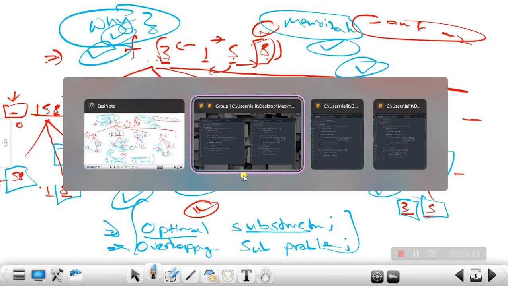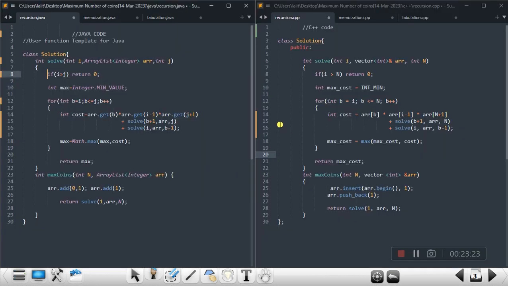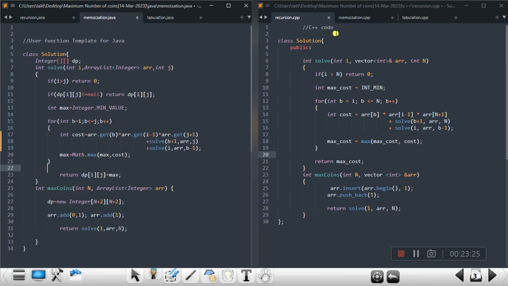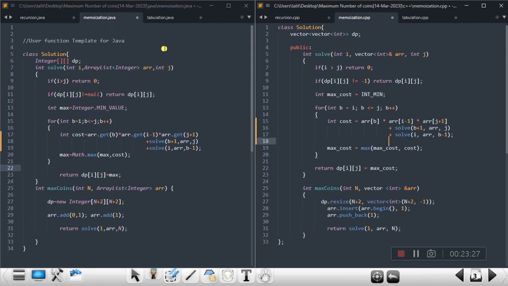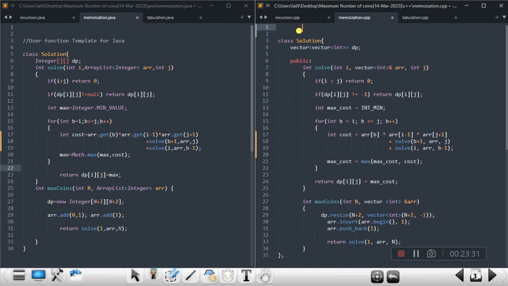So now I'm going to show you the code for the memoization approach. This is the Java code and this is the C++ code. Now I think it is easy to understand, because in memoization we have the same code written here.